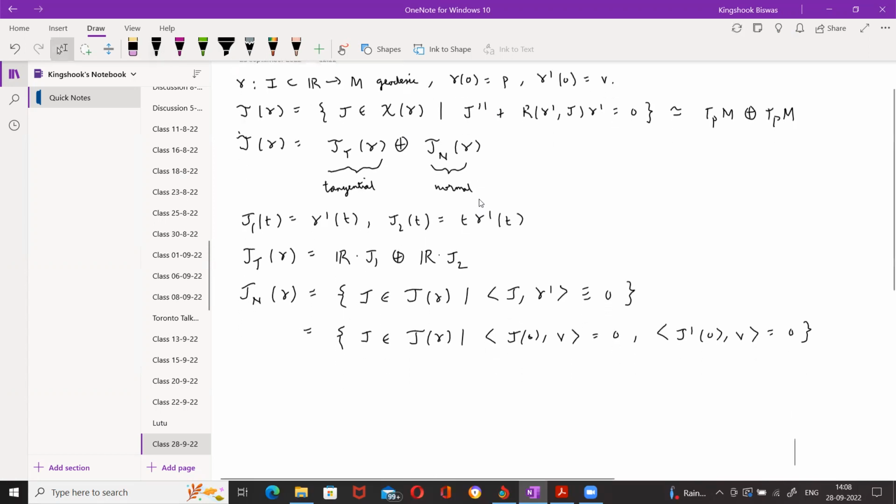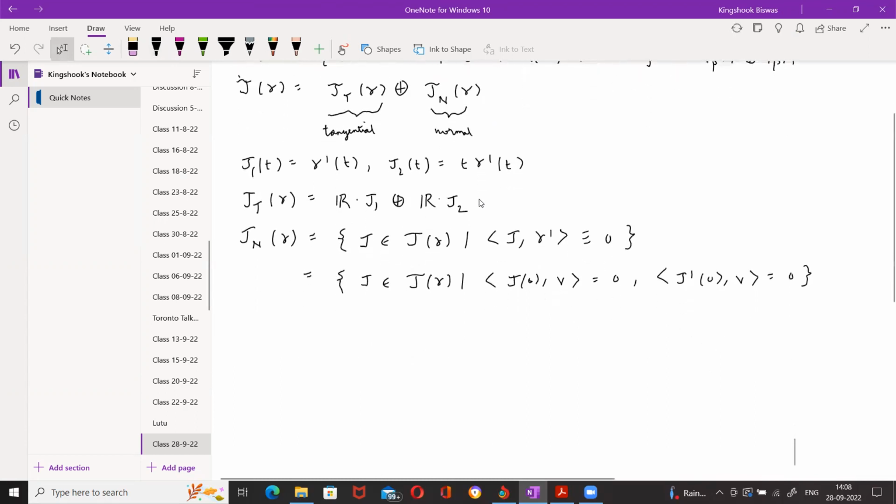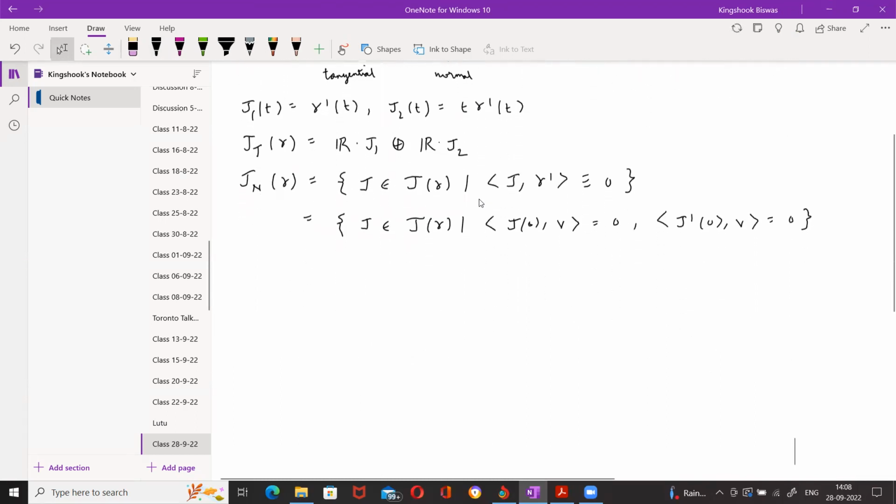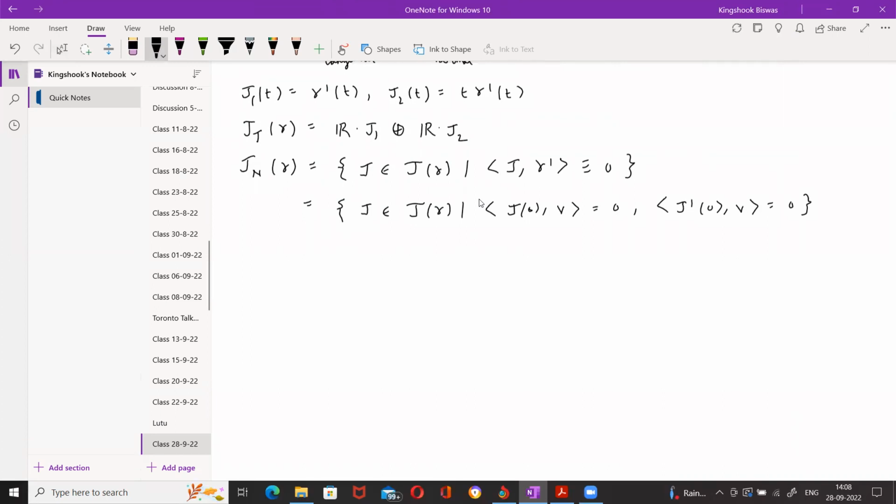And so we also saw that we can use Jacobi fields to describe the derivative of the exponential map.